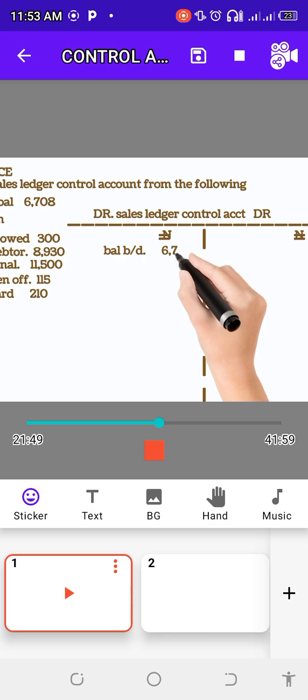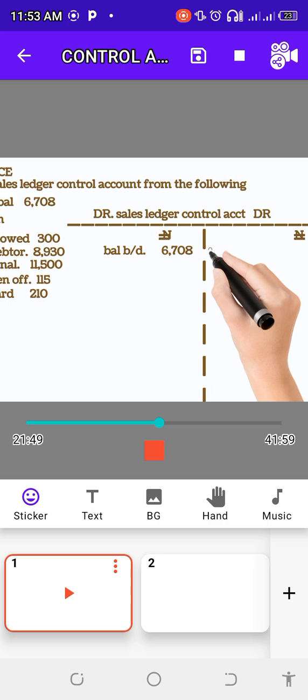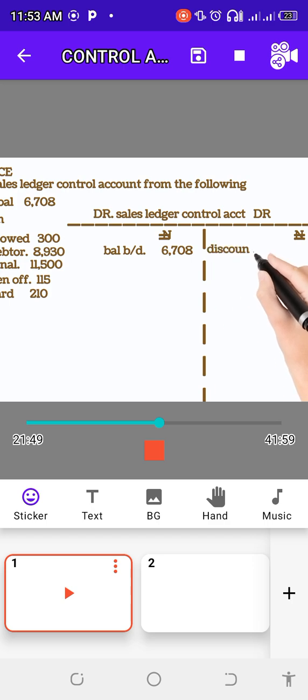That is the balance of receivable brought down from last month to this month. Debtors are still owing this amount, now brought down to this month.